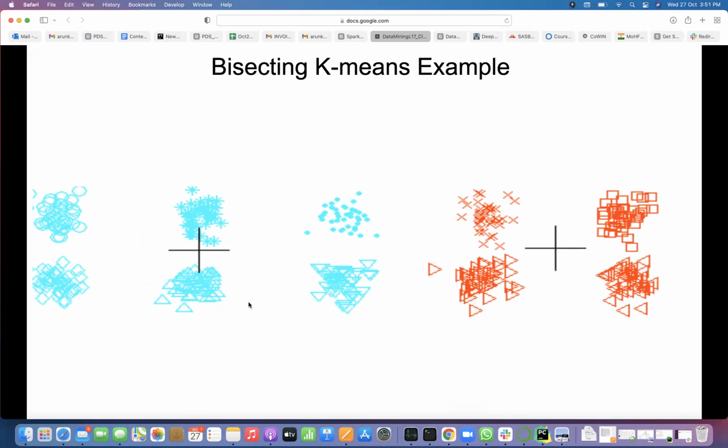So in bisecting k-means, initially you have it like this, then you are getting 4 clusters like this.